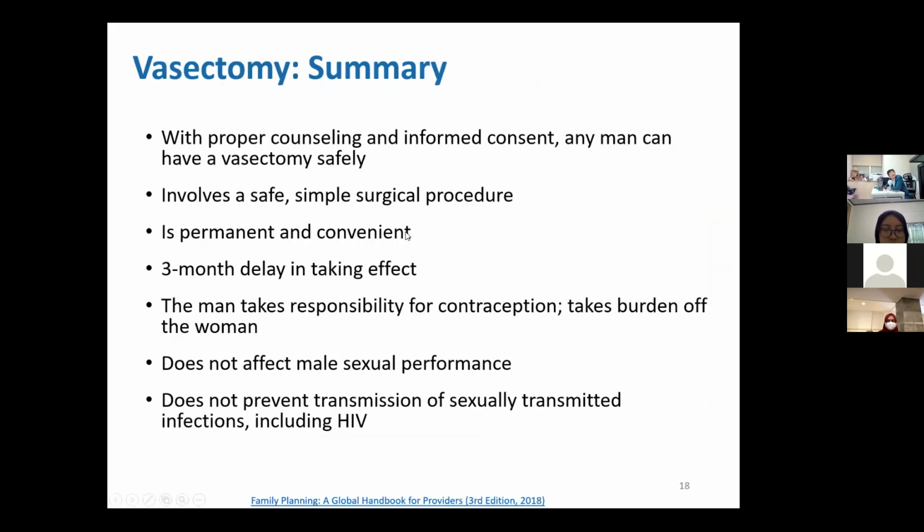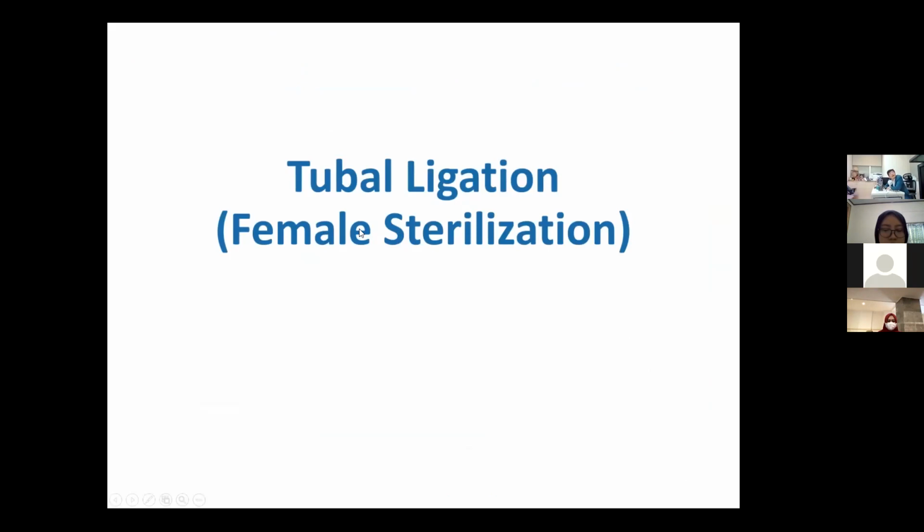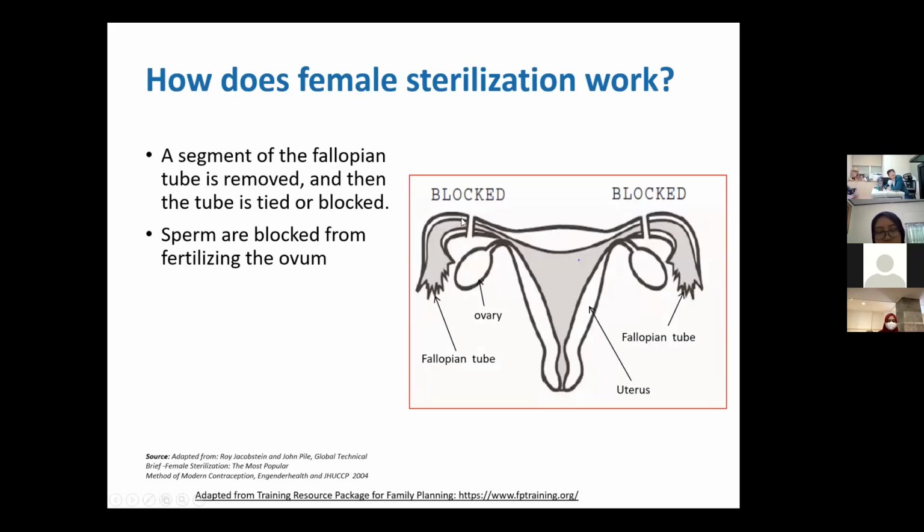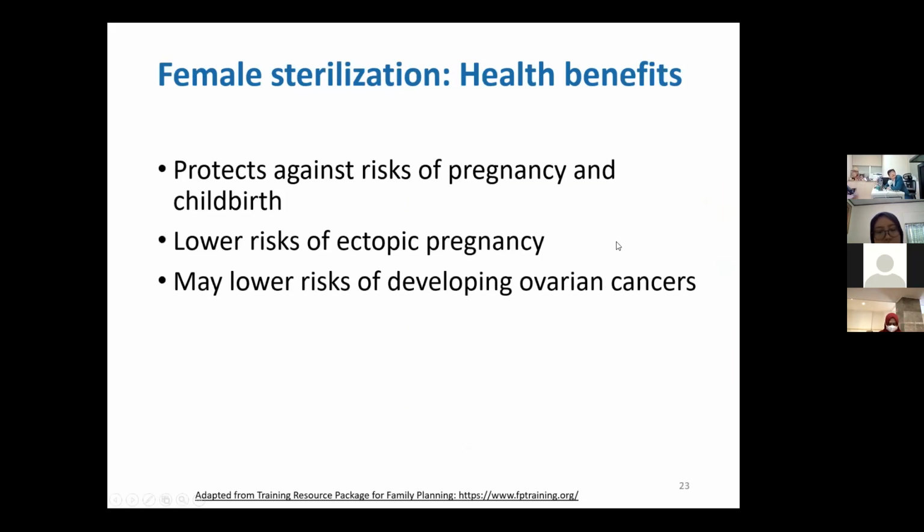Then the female sterilization. We can see here the fallopian tube. We do the surgery to block the tube. And if you regret, the doctor can reverse it to repair the block. The technique is fine.